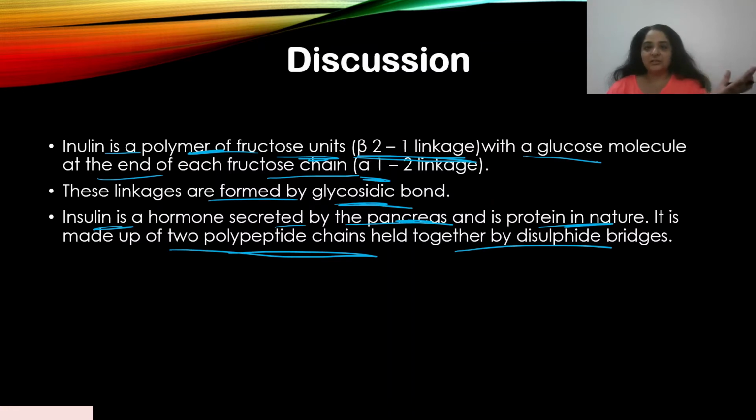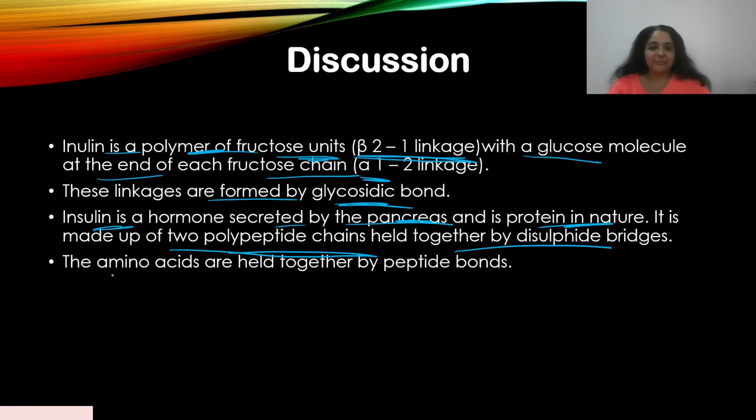You have pre-insulin, which is then converted to the final structure of insulin. It has 3 chains, and then finally it comes down to, sorry, 2 polypeptide chains. The amino acids are held together by peptide bonds. Of course, it's a protein, so there are amino acids, and these amino acids are held together by peptide bonds.